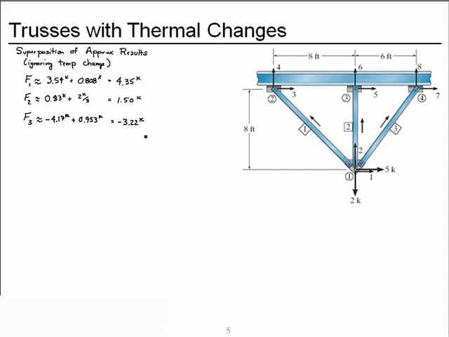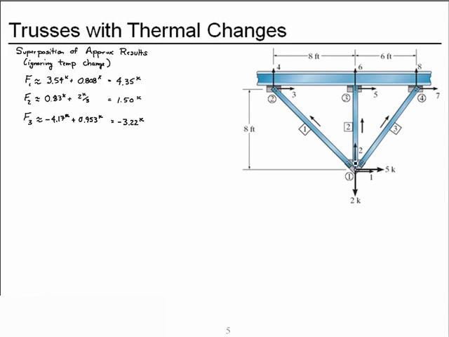Now if we consider just a temperature increase and not the applied forces, temperature increase would cause each of these members to grow. Since this is the longest member, it will grow the most. This one will grow a lot. This one will grow the least.